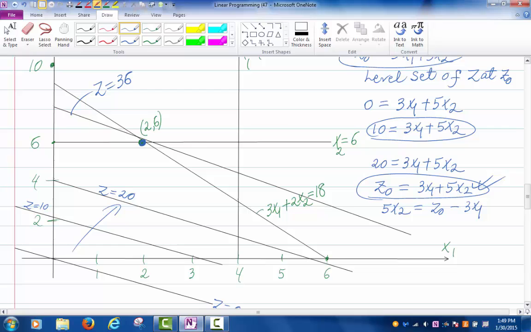Improving it means that that level set is being moved through the feasible region in the direction of increasing values of z. And I keep moving it until moving further would mean that I go outside of the feasible region. At that point where I cannot move any further, I am going to end up with the optimal solution. Okay?